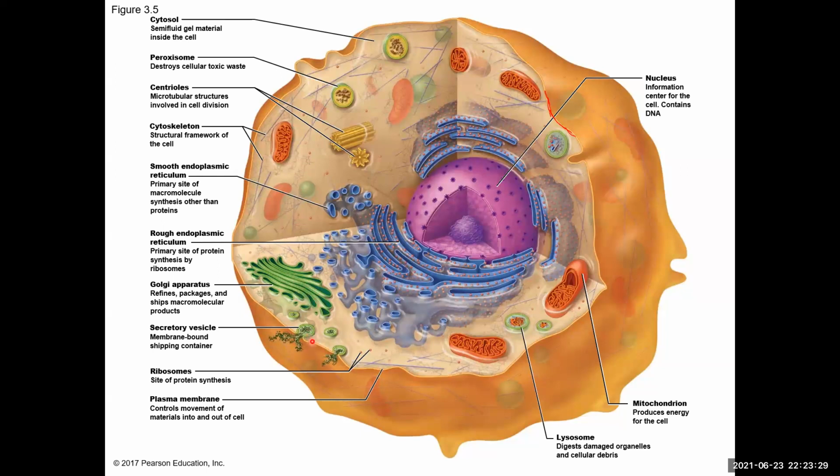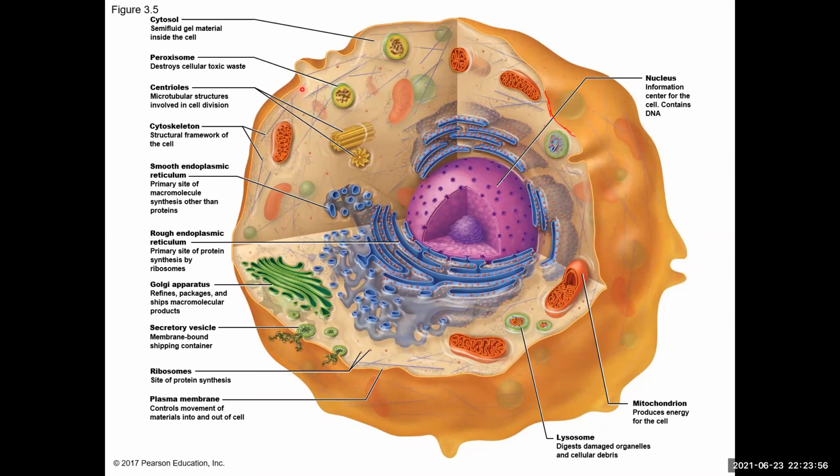It ships those products via vesicles, which are these round spheres. You have many different types of vesicles, which we'll talk about more specifically, but this one's showing a secretory vesicle, pushing and releasing substances from the inside of the cell to the outside. So it's basically secreting that material.